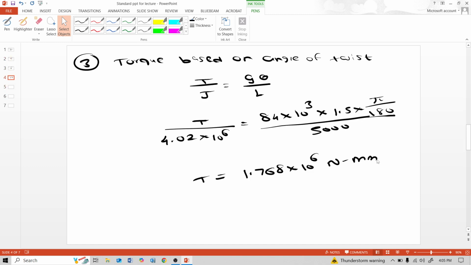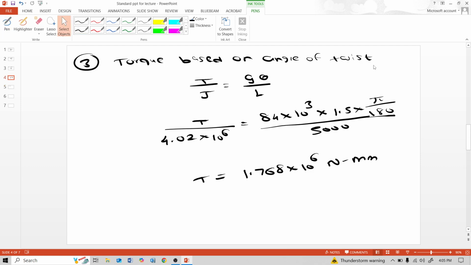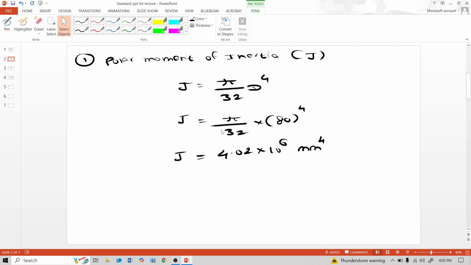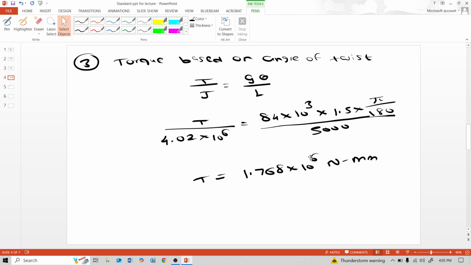Therefore, between both of these, use the torque based on angle of twist, 1.768 into 10 raised to 6 Newton mm.